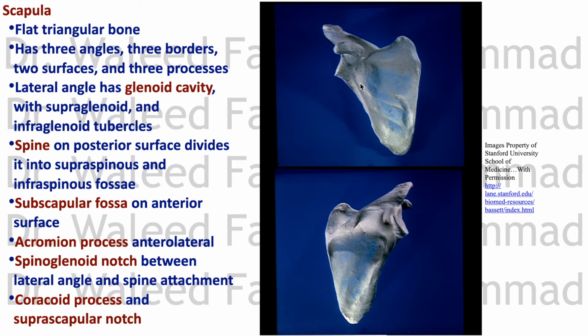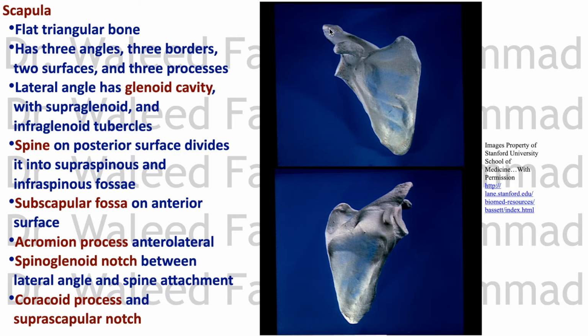The lateral angle of the scapula is the glenoid cavity with superior and inferior glenoid tubercles, or supraglenoid and infraglenoid tubercles. And projecting anteriorly is the coracoid process, and the end of the spine that curves anteriorly is the acromion process.